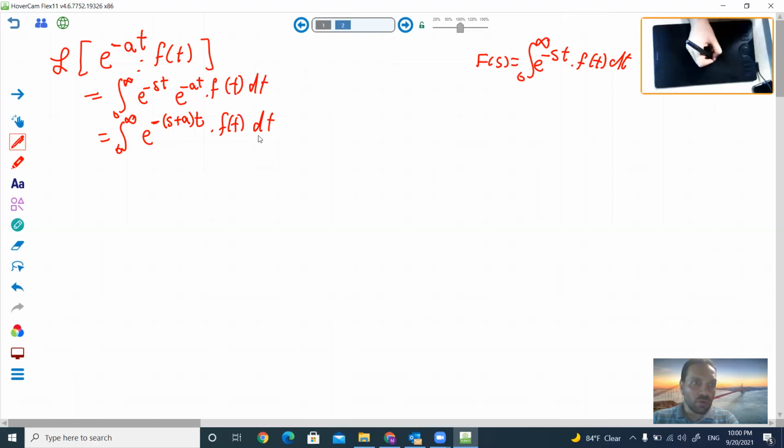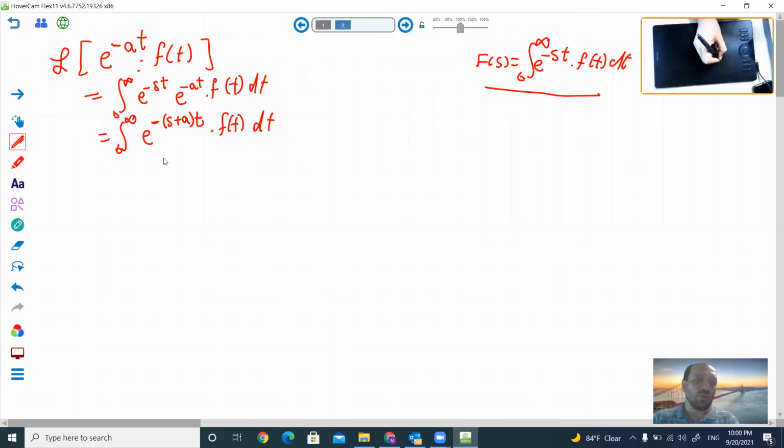Now, when we look at this integration, it's a little bit like the original integration. Let's make an analogy between these two definitions. I think they are the same, except that s is replaced by s plus a.